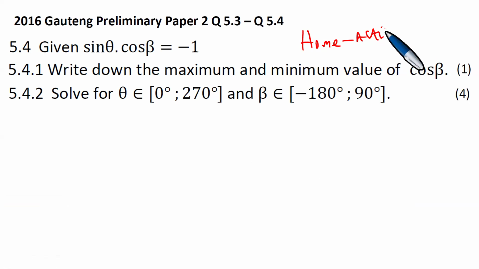Gauteng preliminary: given sine theta cosine theta equals minus 1, write down the maximum and minimum value of cosine beta, 1 mark. 5.5.2: solve for theta, an element of 0 degrees to 270 degrees, and beta, an element of the interval from minus 180 to 90 degrees, for 4 marks.